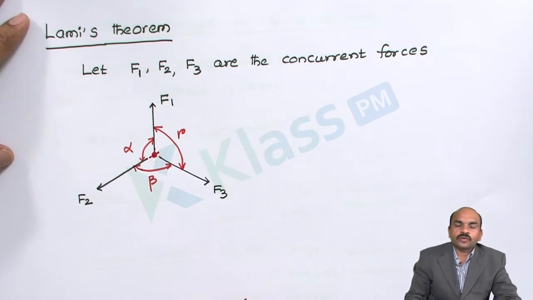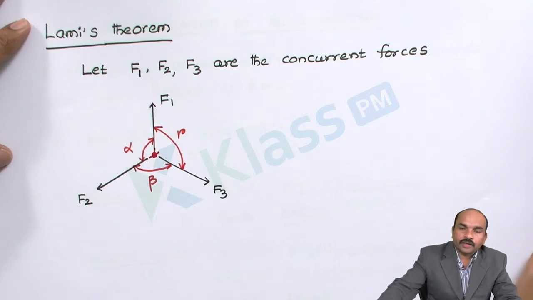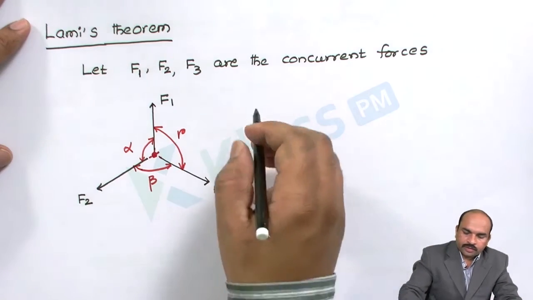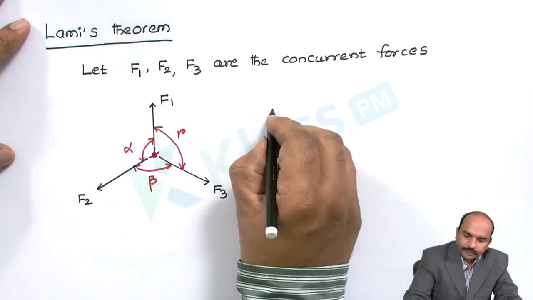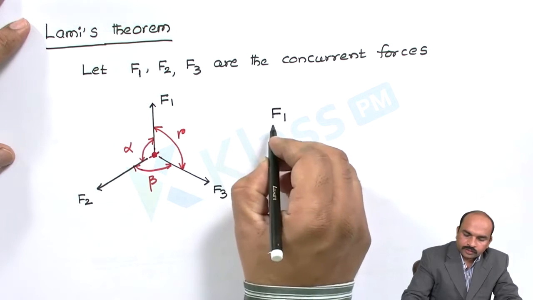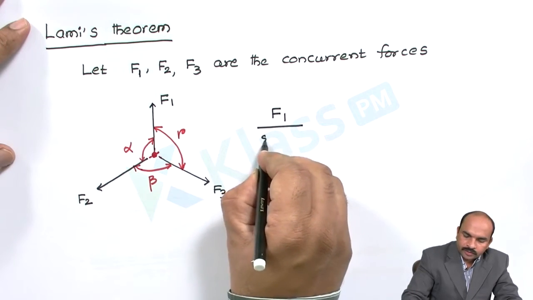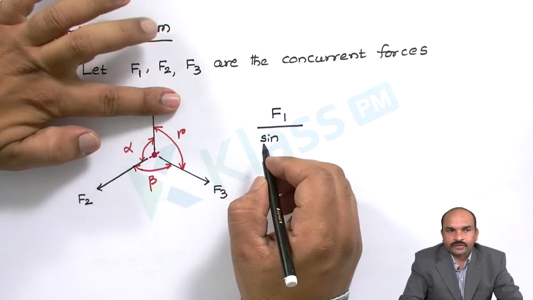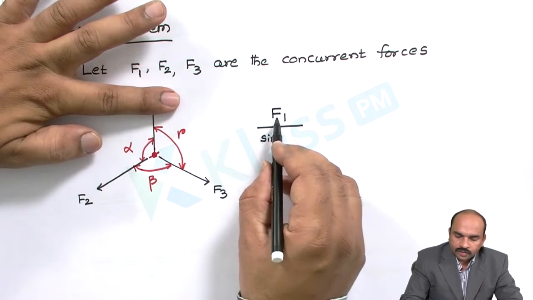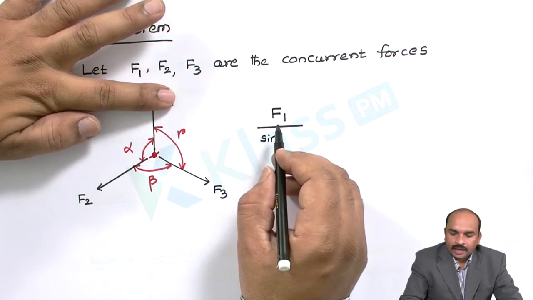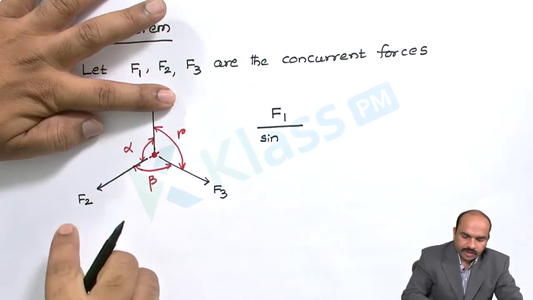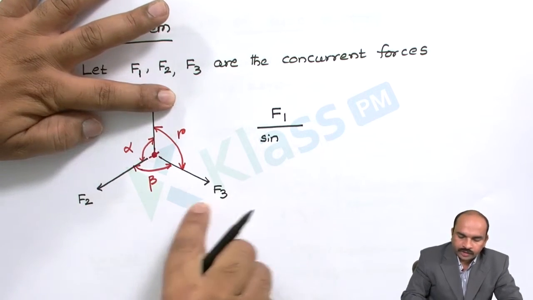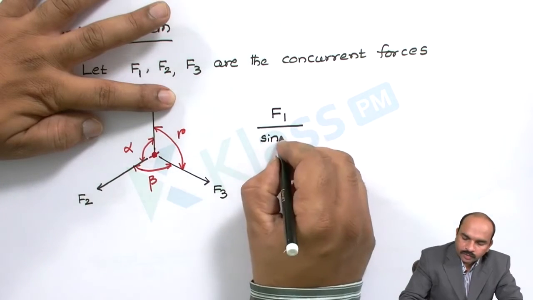Now according to Lami's theorem, there is a formula: force F1 divided by sine of the angle between the remaining two forces, that is F2 and F3, which is beta.